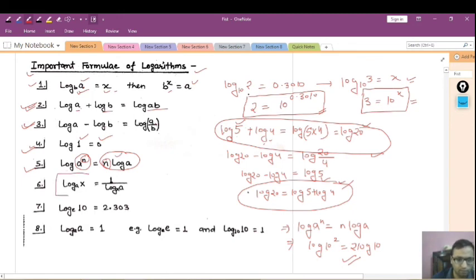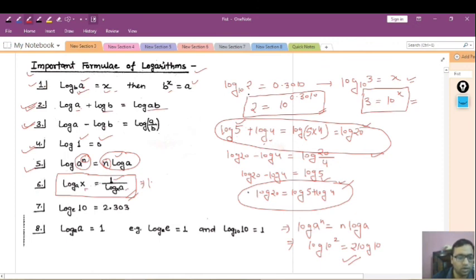Then we have log x. However, this property is not that useful for you, so just leave this one, or you can understand that log a base x is equal to the reciprocal of log x base a.